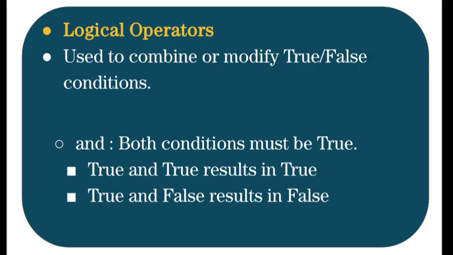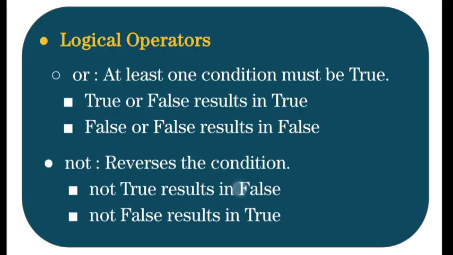If there is any one false result, it will give you false. But for the OR operator, at least one condition must be true. Even if the other one is false, it will give you the true value.